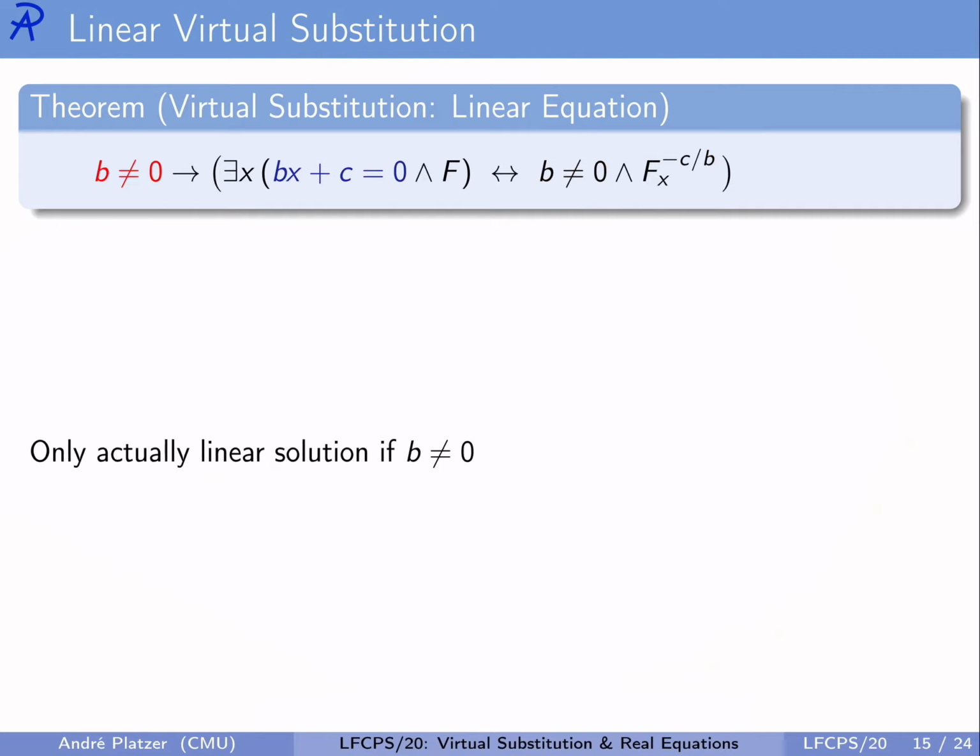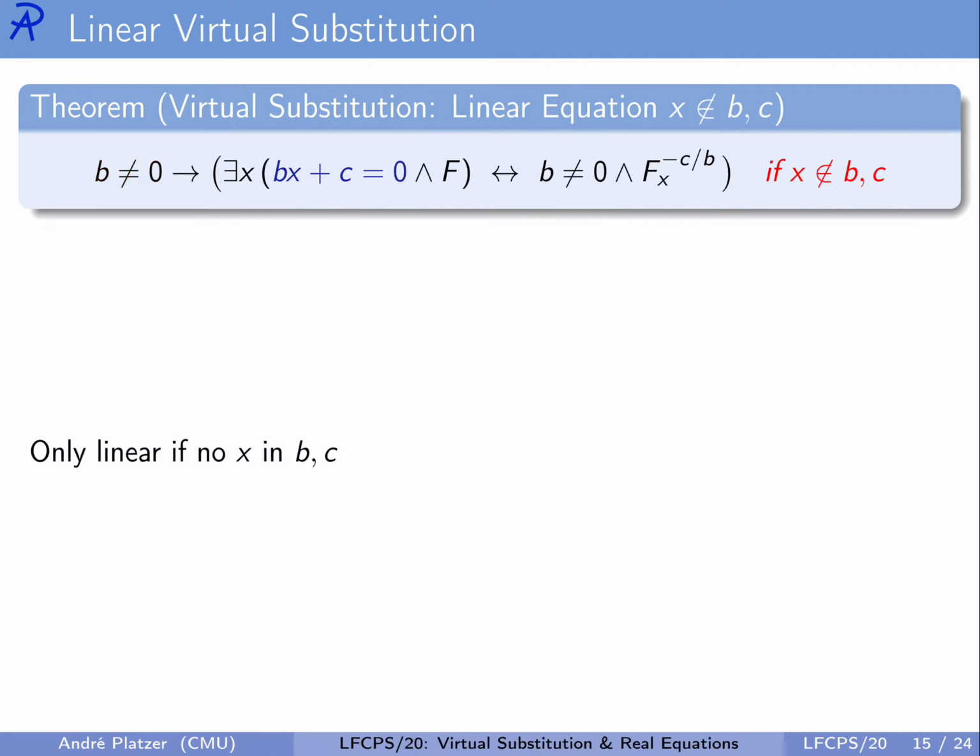Speaking of which, the whole equivalence is only true if b indeed is not 0, because if b is 0, then here we have an equation that says c equals 0, and that really doesn't tell us a whole lot about what the right value of x is, because it's independent of it. But we still have a conditional equivalence. If b is 0, then that's precisely the answer.